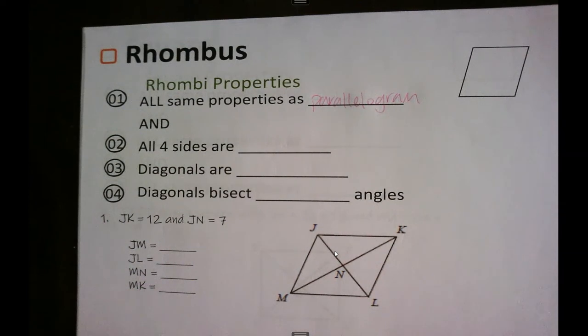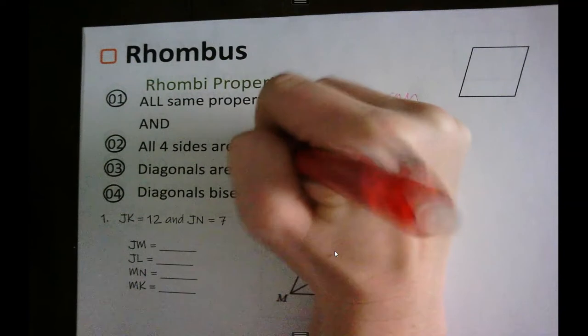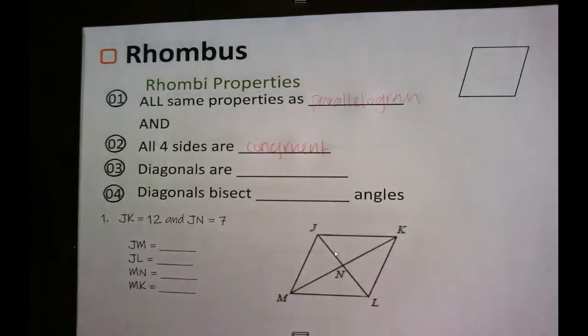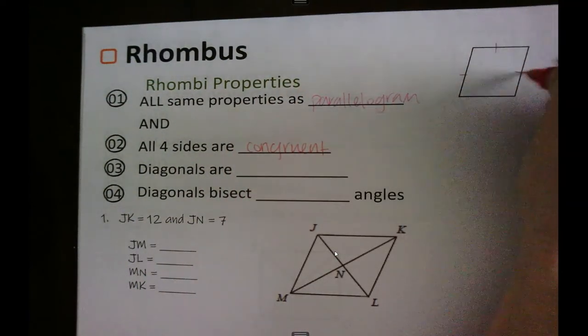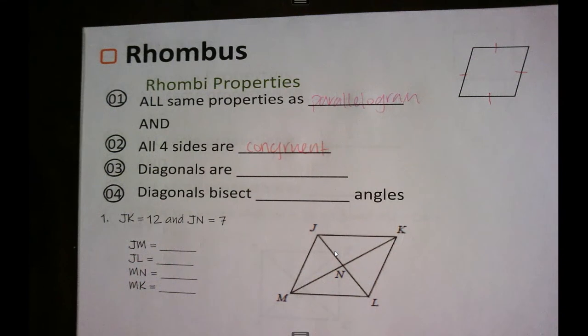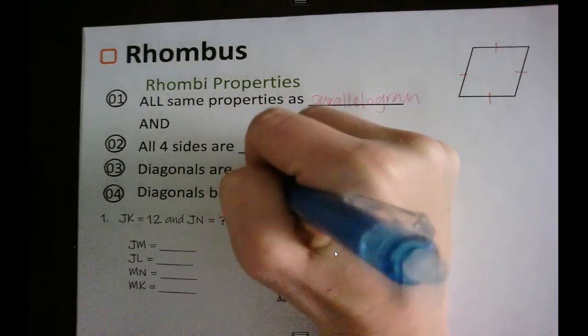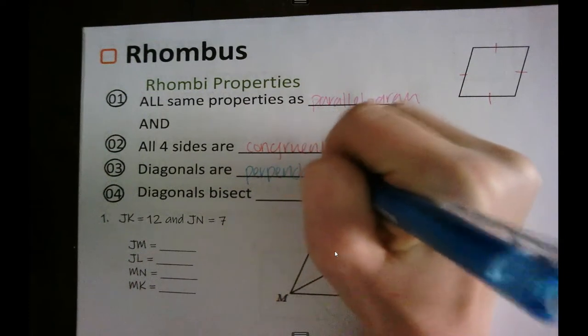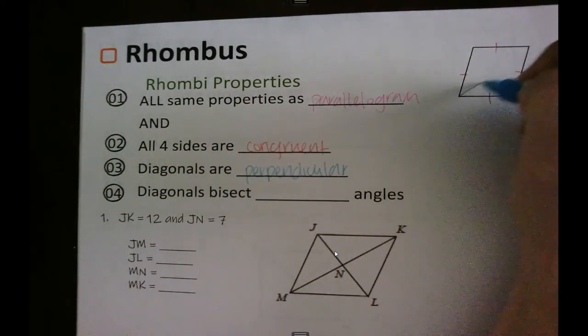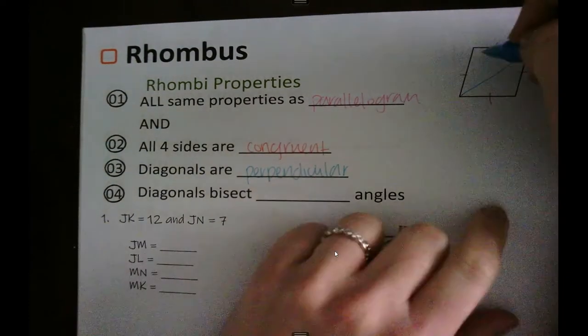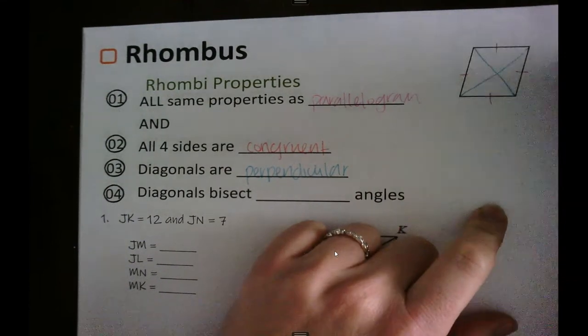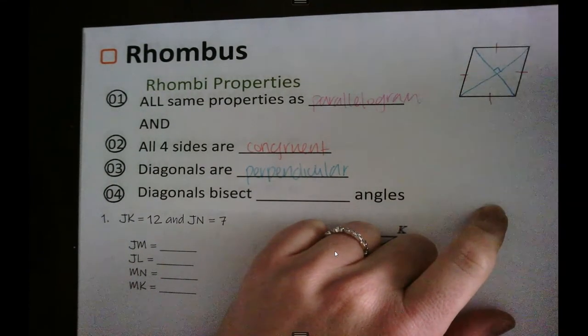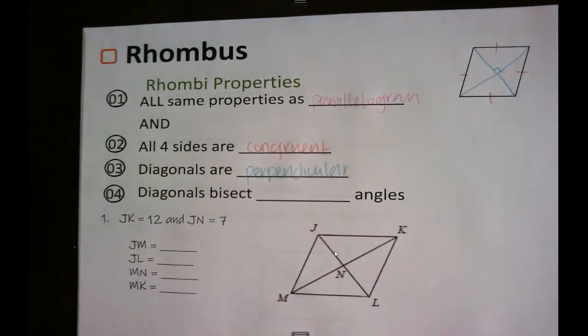So also in our rhombus, all 4 sides are going to be congruent. So all of these sides are going to be congruent or equal. Our diagonals are going to be perpendicular. That means where they intersect, we're going to create some right angles right there.